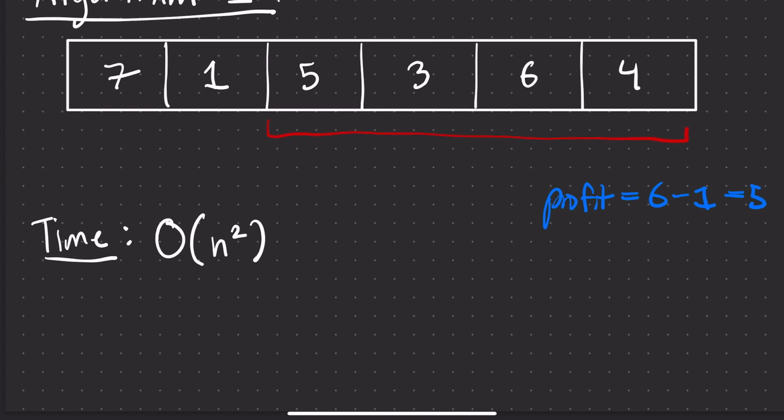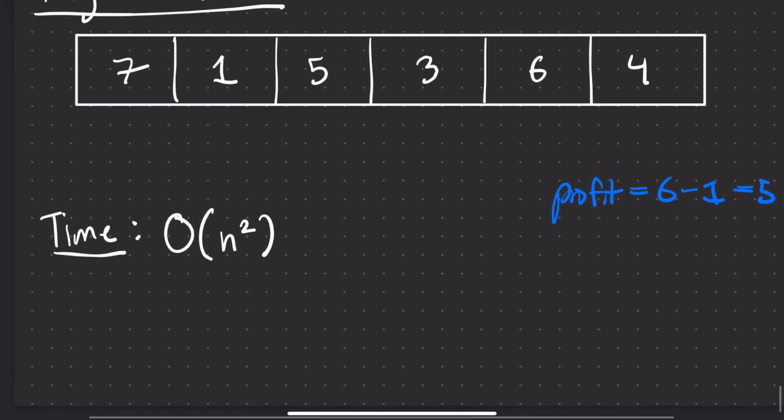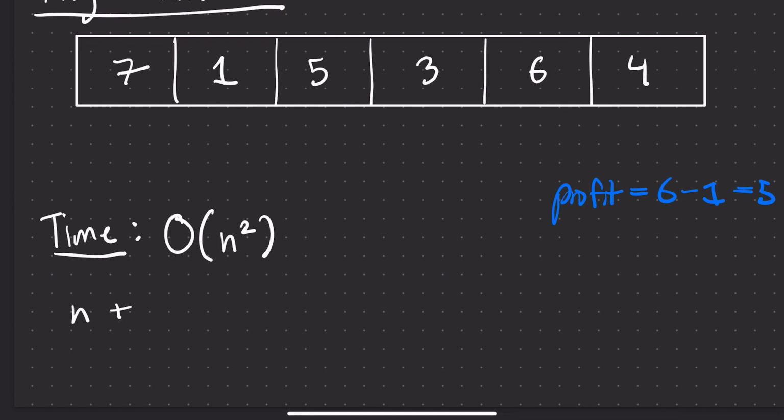And then we consider these numbers, and then we consider these numbers, and so on, right? So the amount of work that we're doing is n plus n minus 1 plus n minus 2 plus all the way down to 1, right? And this is around O of n squared.